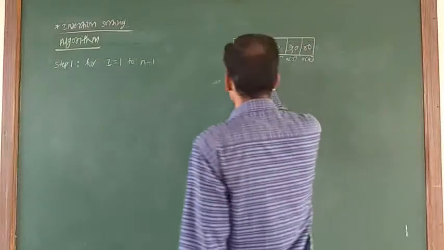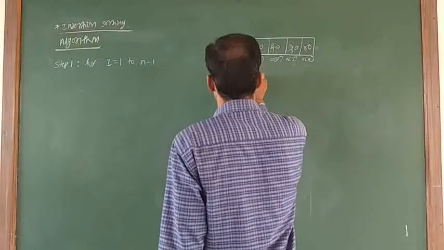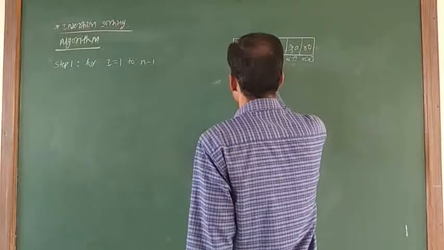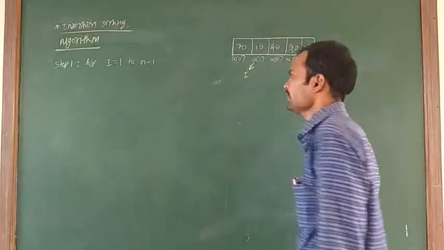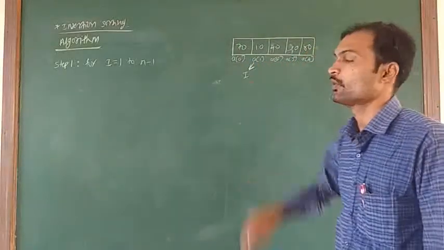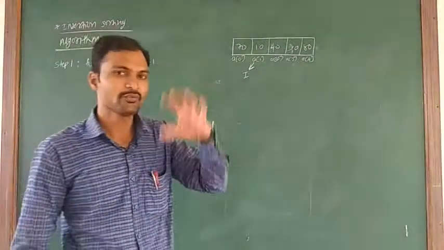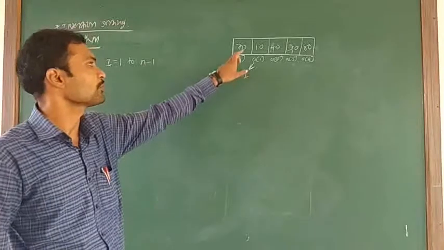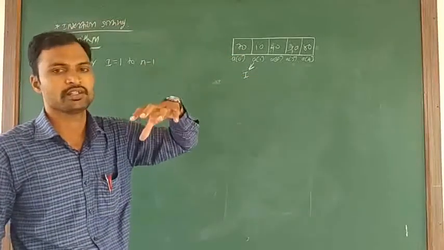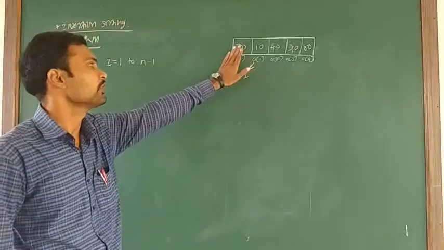Now I will use A of 1, not 0. Why? Because we have assumed that the 0th position element, 70, is in the correct position.